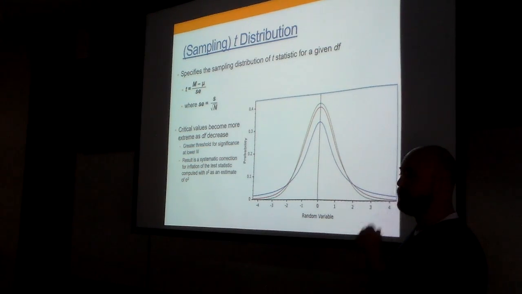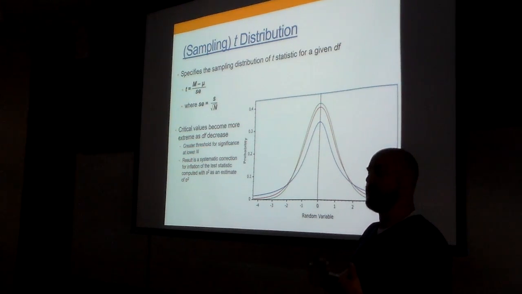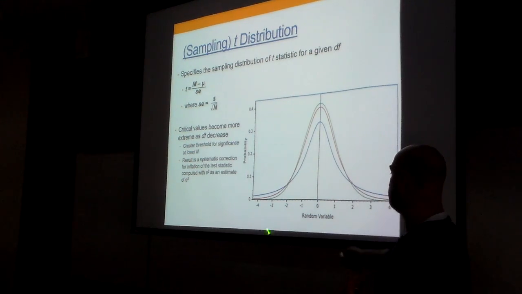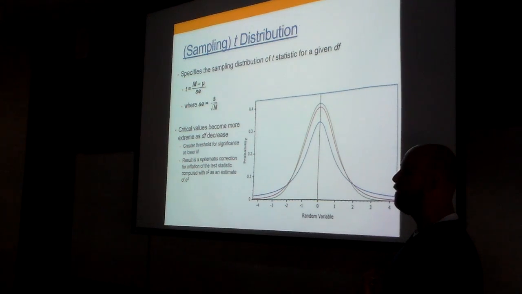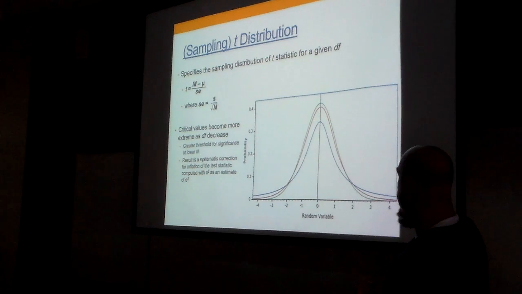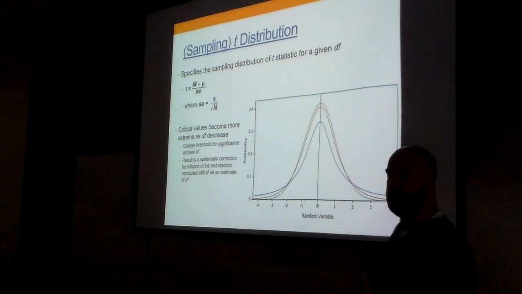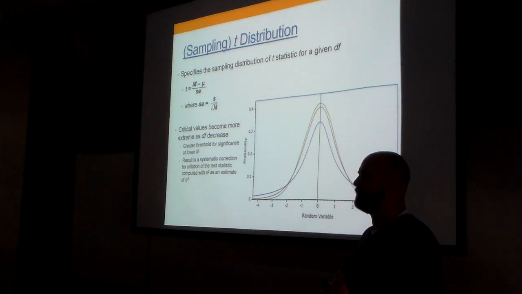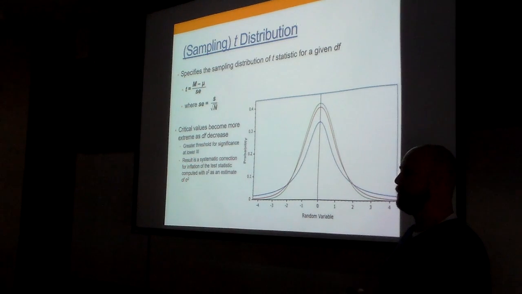If we were to infinitely sample and calculate t-tests using the sample standard deviation as a plug-in for the population standard deviation, this is what that distribution would look like for, let's say, 10 degrees of freedom, and maybe this is what it looks like for 20, and this is for 30. That's the sampling distribution of this statistic. And if we know what the distribution is, then we can start assigning probabilities.